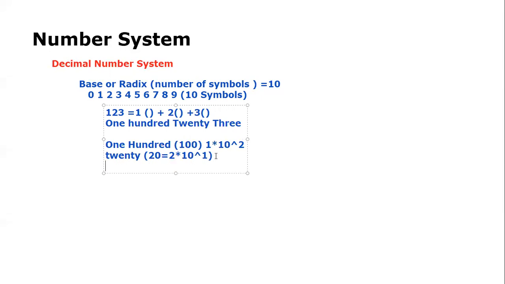Another digit in this example is 3, which is 3 times 10 raised to the power 0, and that becomes equal to 3.